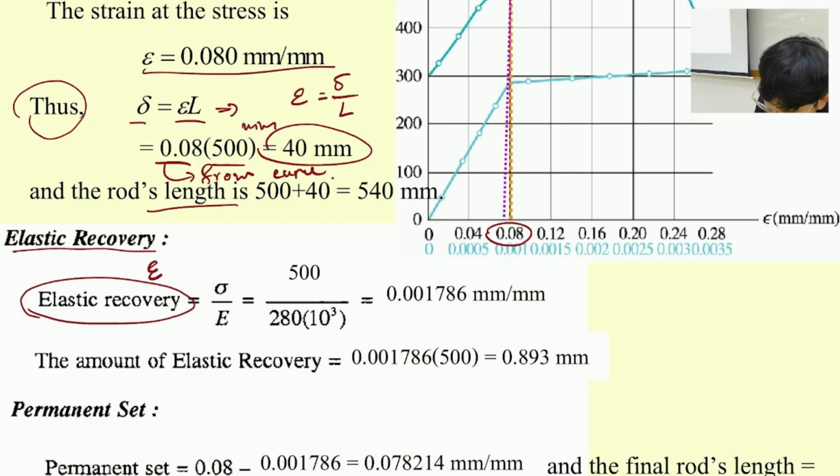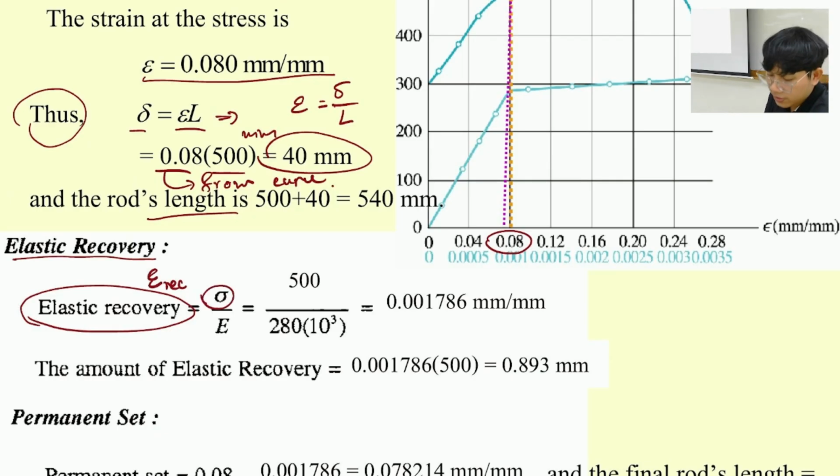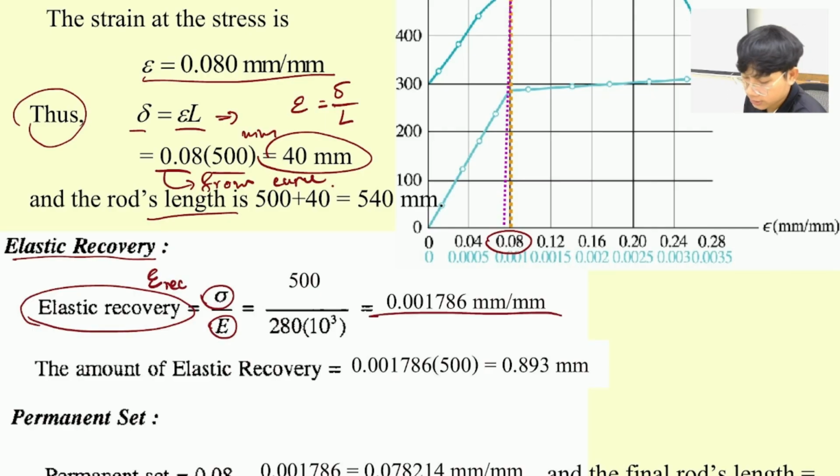So this one is going to be the strain recovery. The strain recovery is going to be the stress of 500 megapascal divided by its Young modulus. Okay, and then we're going to get it equal to 0.001786 millimeters per millimeter.